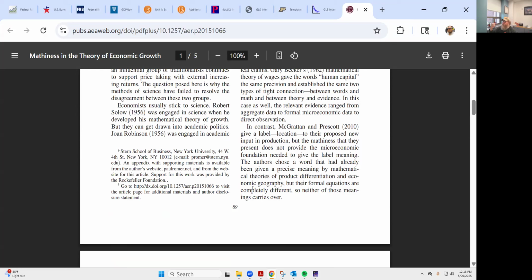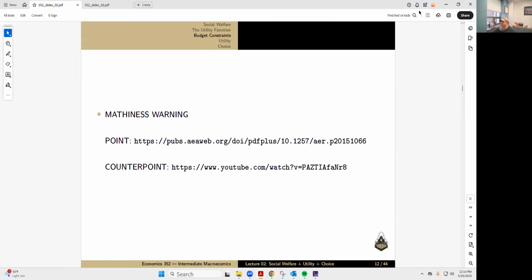That math is important, but in a sense, we've gone too far. The mathiness has gone too far, which I think is a salient point, and I certainly am sympathetic to that argument. At the same time, I also very much agree with this particular individual.